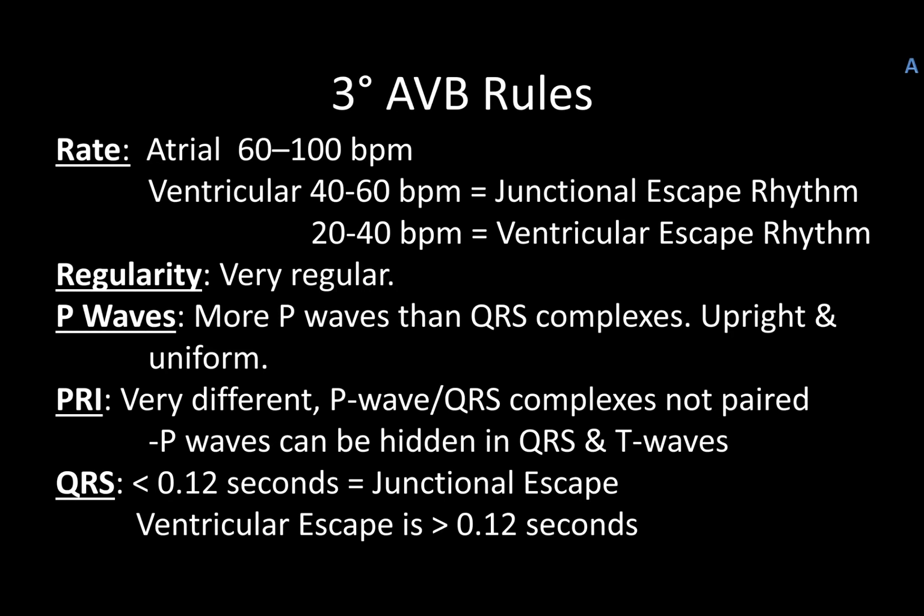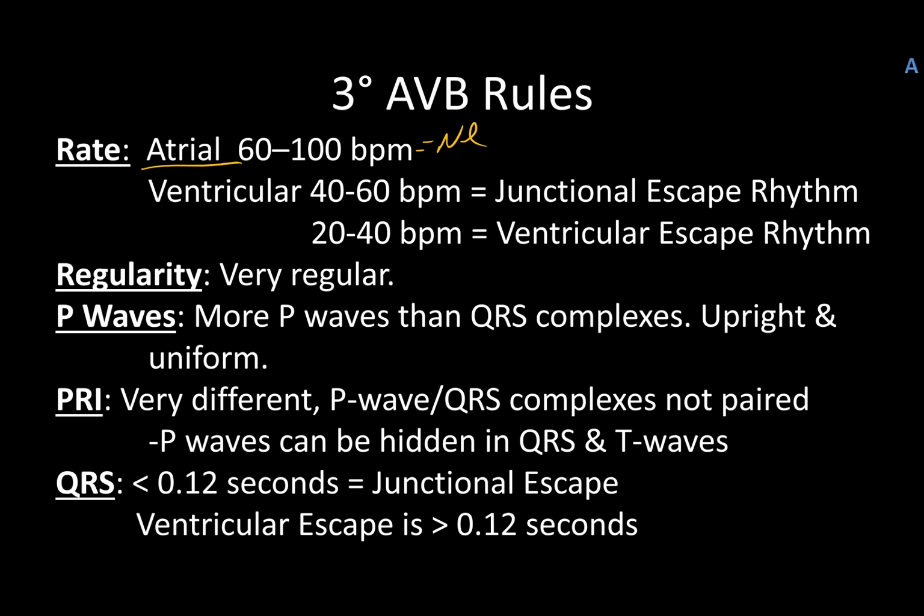All right. Going over third degree heart block rules with the advanced arrhythmia. Everything is the same as it was beforehand, except we're actually going to take the time and figure out what the escape rhythm is. So again, your atrial rate is going to be normal, essentially. You're going to have P waves marching along without any care in the world.